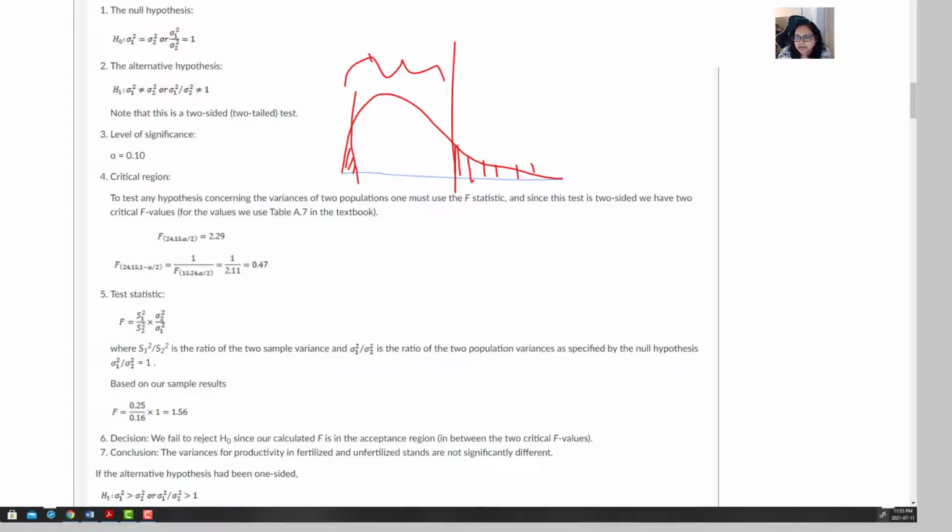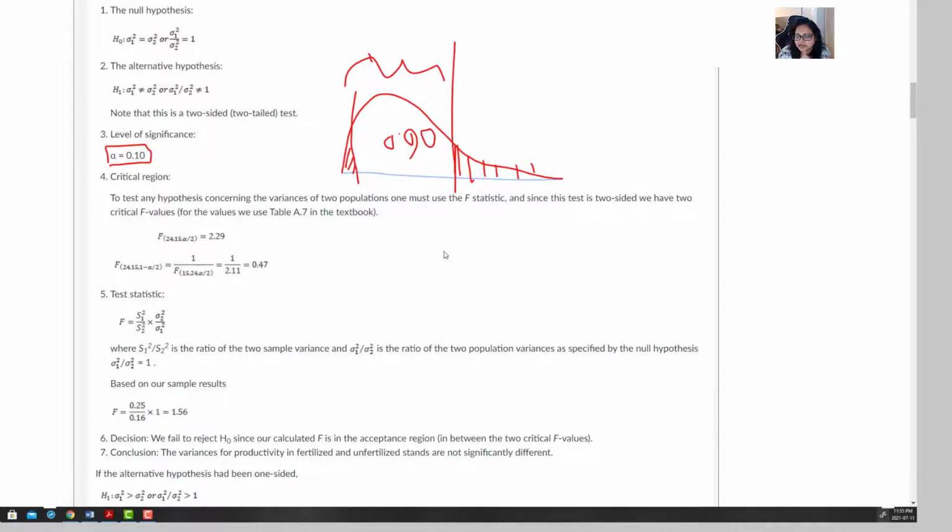Okay. What we need to do first is define the level of significance. The level of significance is 0.1. That means in the middle we have 0.9.